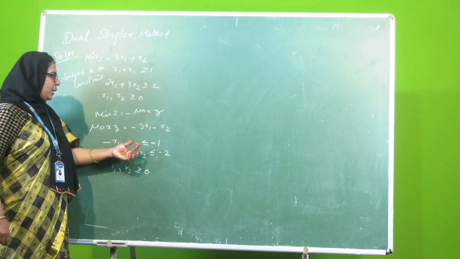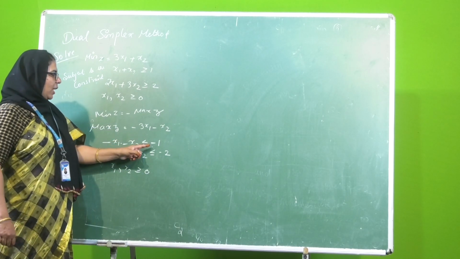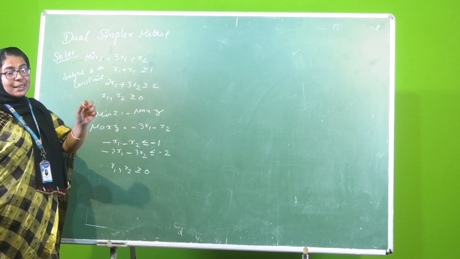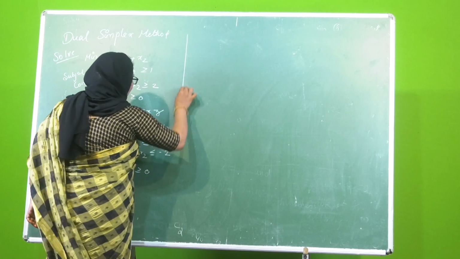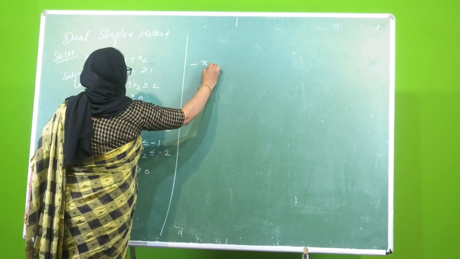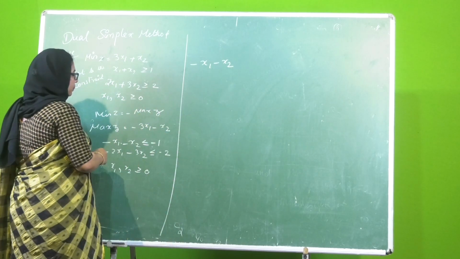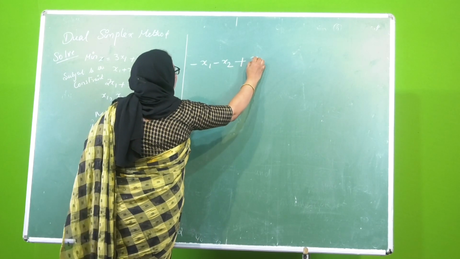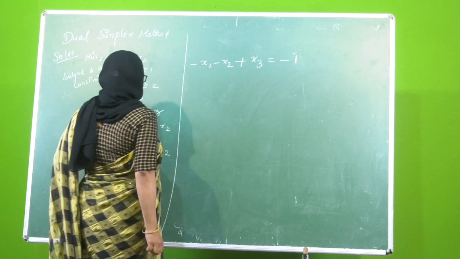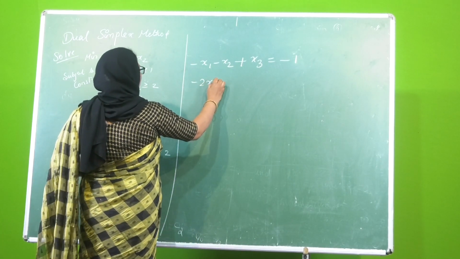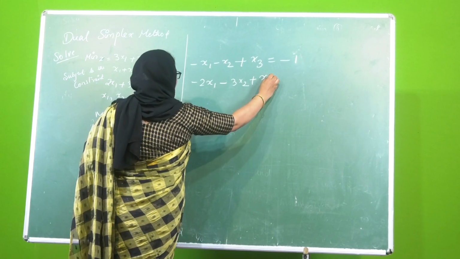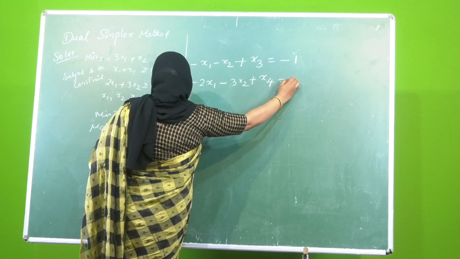Now we have to introduce the slack variable for transforming the less than or equal to into equal to. So if you put the slack variables: minus x1 minus x2 plus x3 equal to minus 1, and minus 2x1 minus 3x2 plus x4 is equal to minus 2.